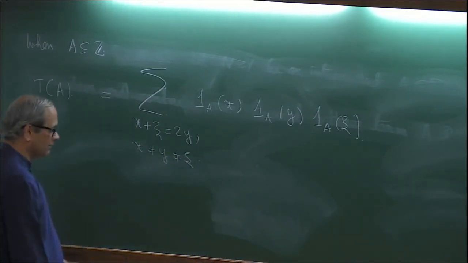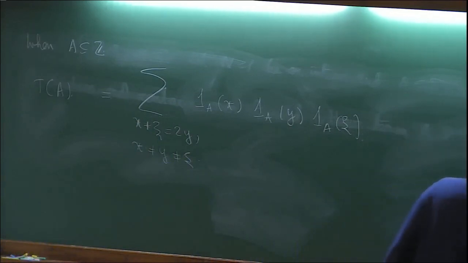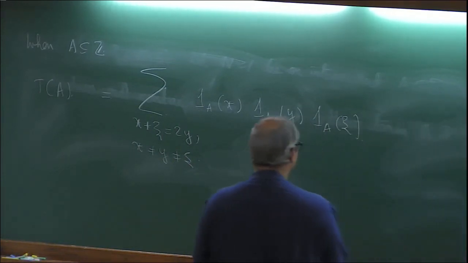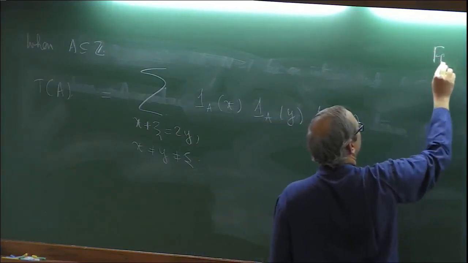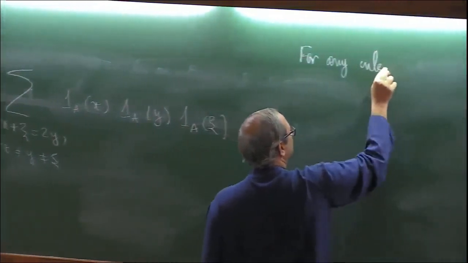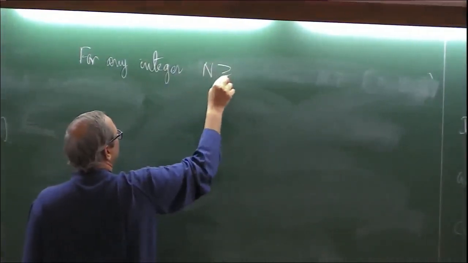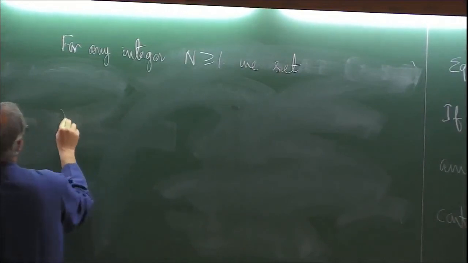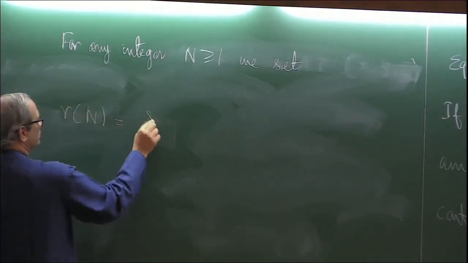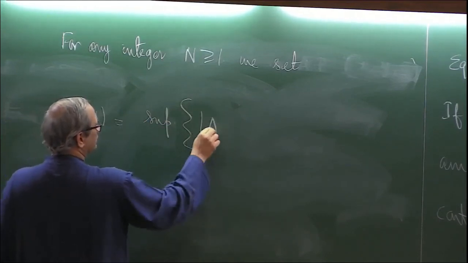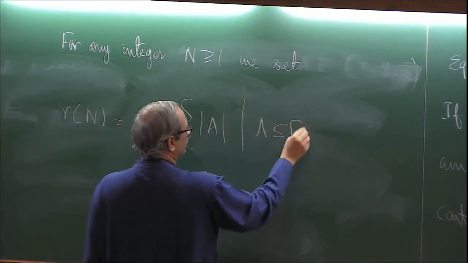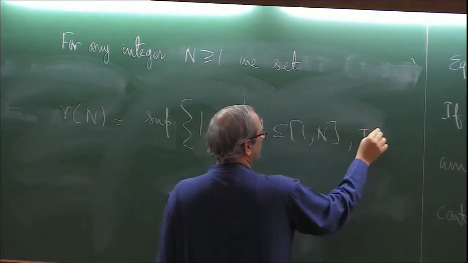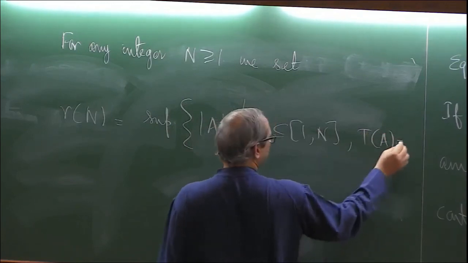Then the final notation, at least at this point, is that for any integer n greater than or equal to 1, we set R(n) to be equal to the supremum of all the cardinalities of subsets of 1 to n such that T(A) is 0.